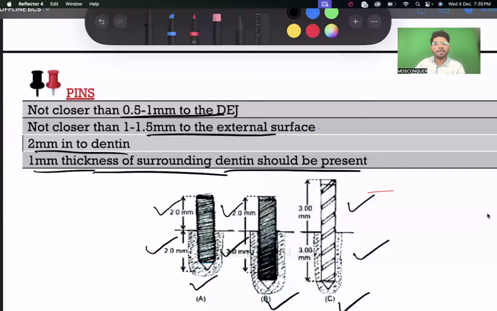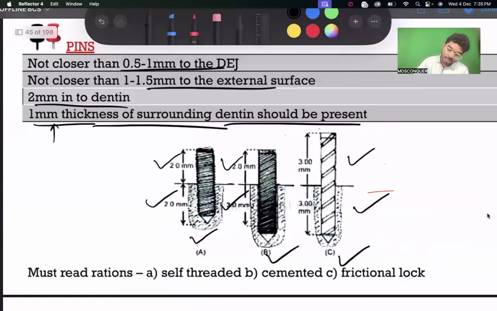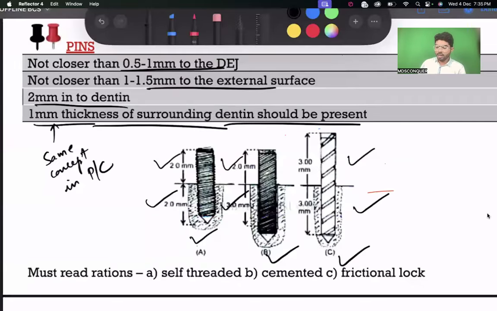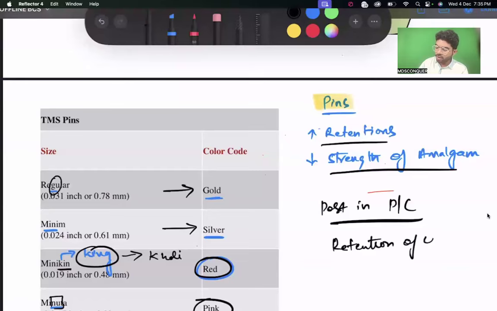Yes, at least 1 millimeter of dentin. Less than 1 millimeter is dangerous. The same goes here, the same concept in post and core also. So what is the purpose of the post in post and core? The purpose of the post is retention of the core.